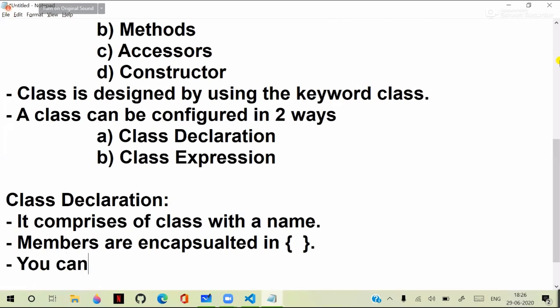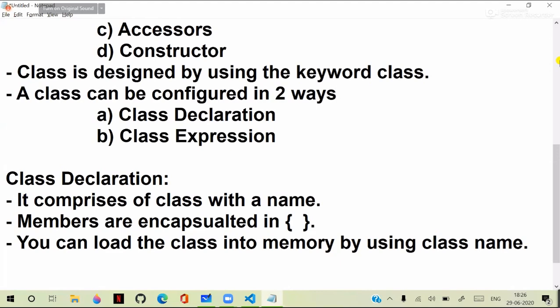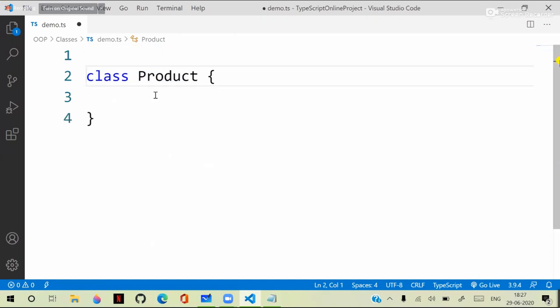So you can load the class into memory by using the class name. That is what actually a class declaration is. This is a class declaration.